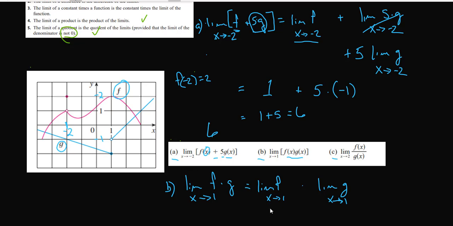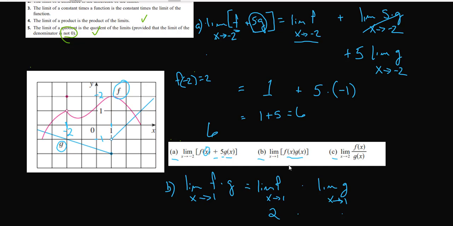So what is this limit? That's the red function as x approaches 1. Here's 1. So that we can see is 2. So this part is going to be 2. And this part, we want the same thing for g, the limit as x approaches 1. But here we have a problem, right?